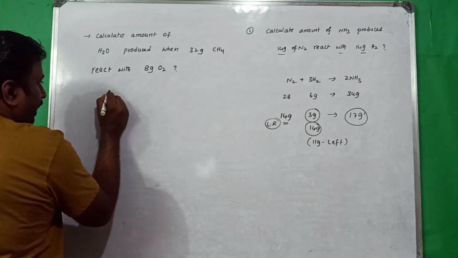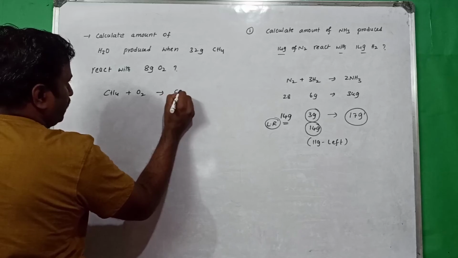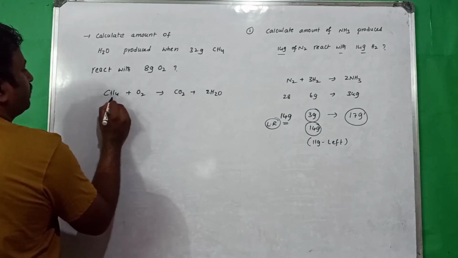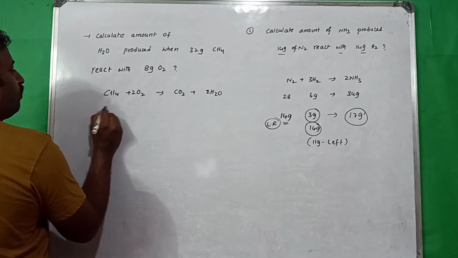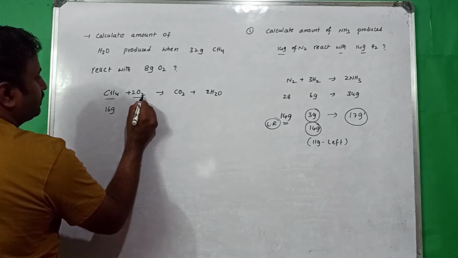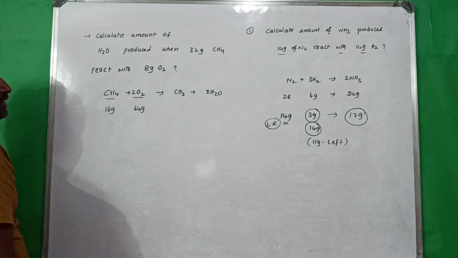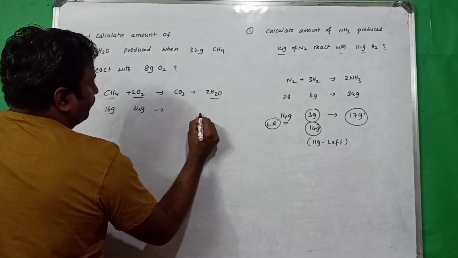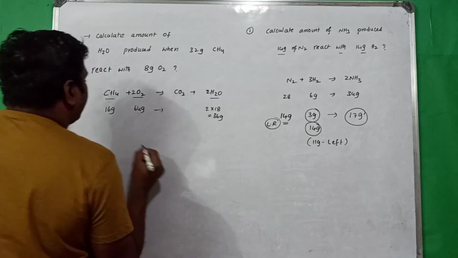So the actual reaction will be CH4 plus 2O2 gives rise to CO2 plus 2H2O. Here CH4 has molecular weight 16 grams, reacting with 64 grams of O2 to produce 2 moles of water, then 2 into 18 grams, that is 36 grams.